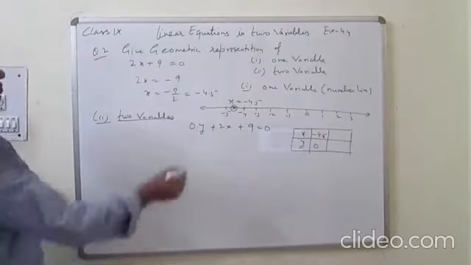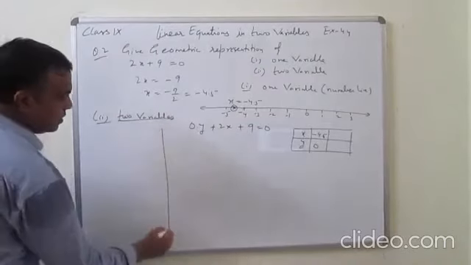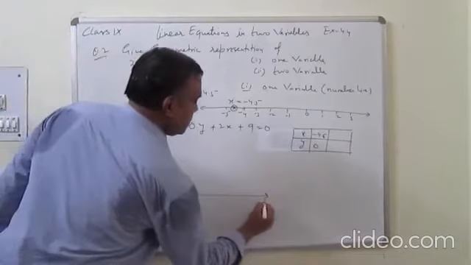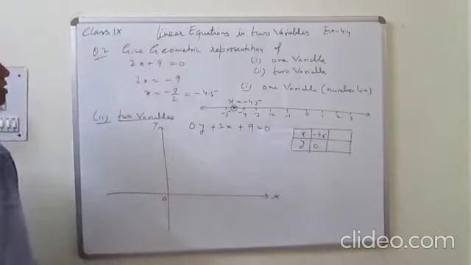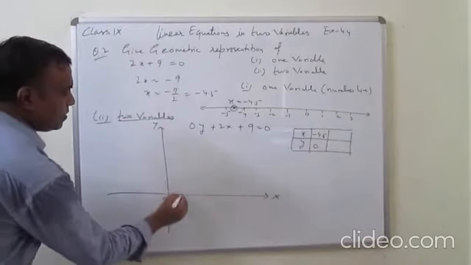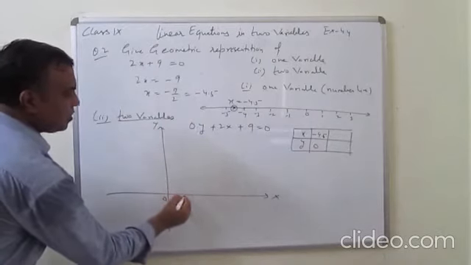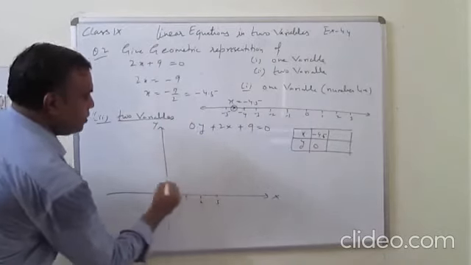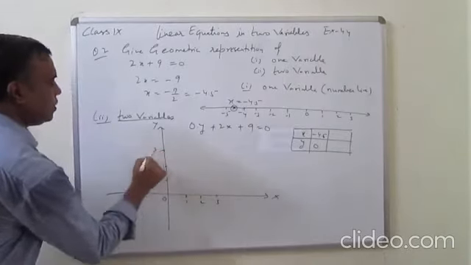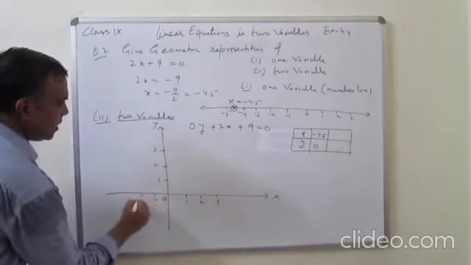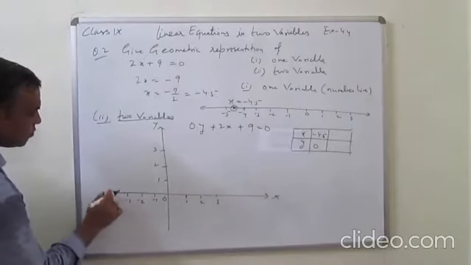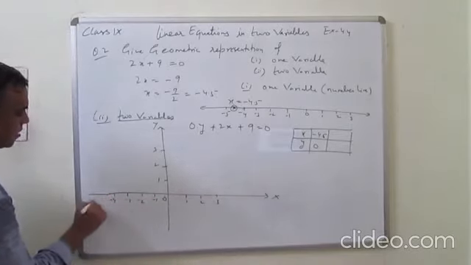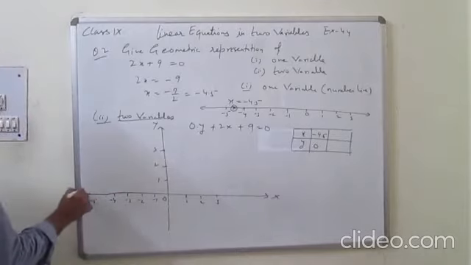See here, this is the x axis, this is the y axis, this is origin, and the scale is 1 centimeter is equal to 1 unit. 1, 2, 3, 1, 2, 3, minus 1, minus 2, minus 3, minus 4, minus 5. This is y, x dash.